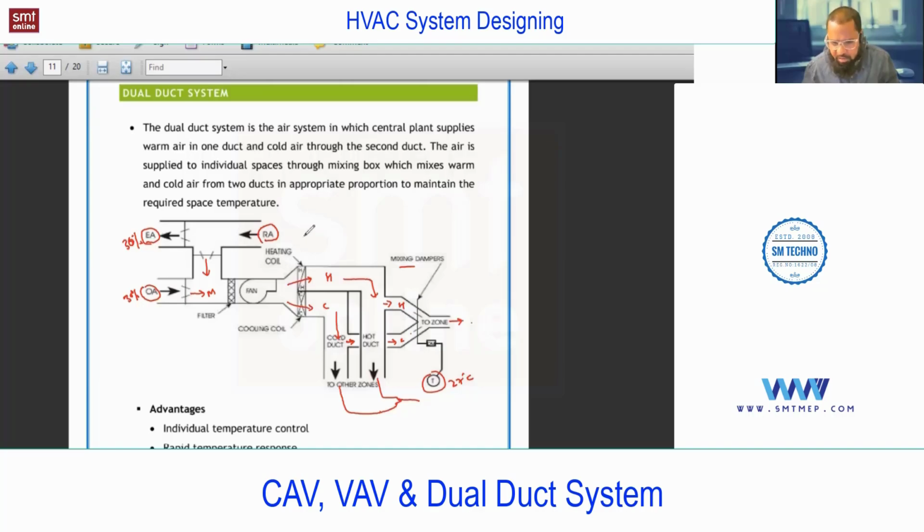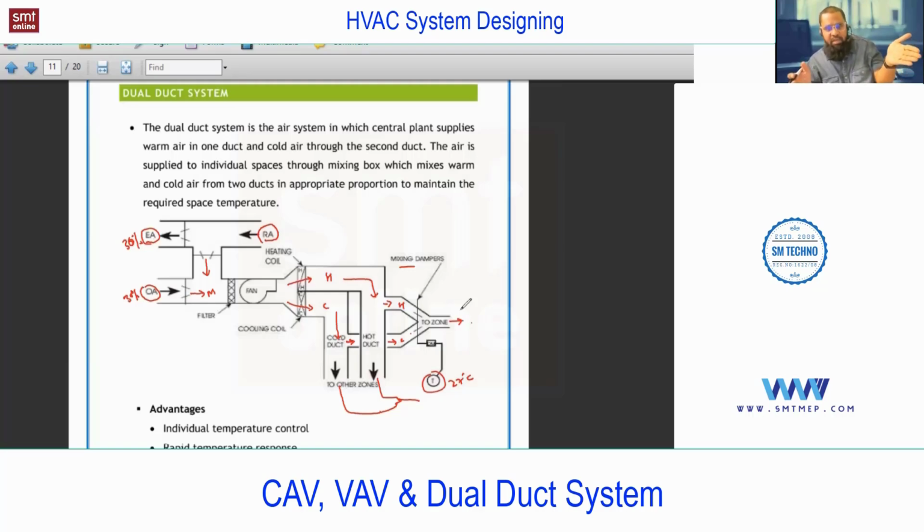Okay, so simple concept. Now, if you talk about the advantage of this system, the major advantage is quick response in temperature. Quick response in temperature means this is generally for process control. For human comfort, we don't require 1 hour hot air, 1 hour cool air. No? As per the season, we require cool air or hot air. But for process control, consider a machine process.